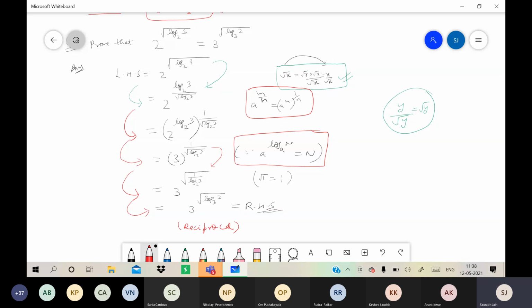We have revised algebraic identities, we have completed logarithms. In our next class we will be studying some exponents, some questions based on exponents, and then we will study geometry. So all these topics we will be covering.